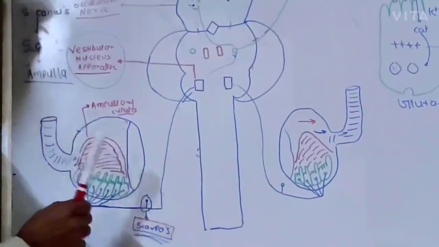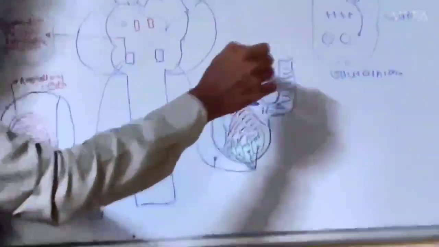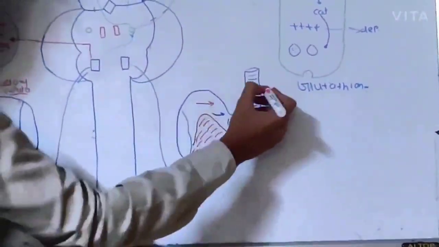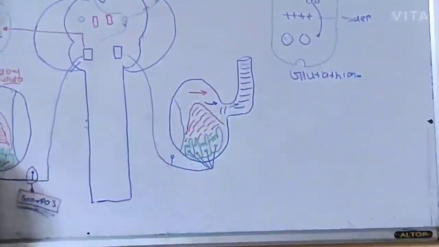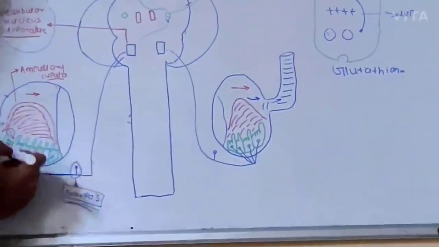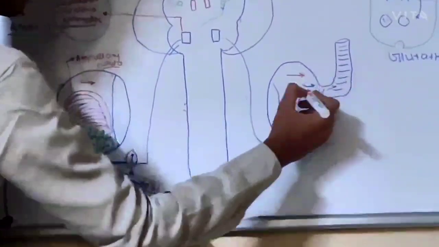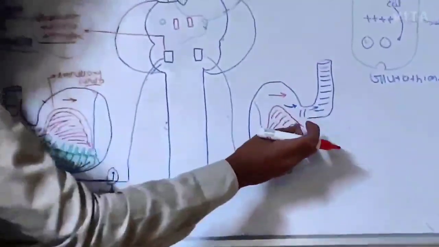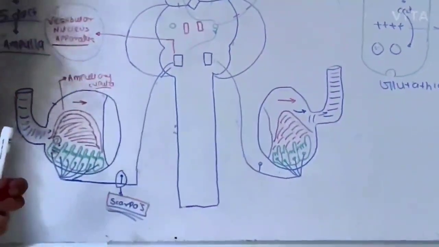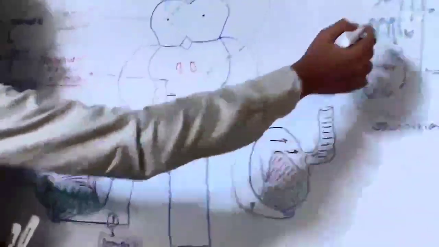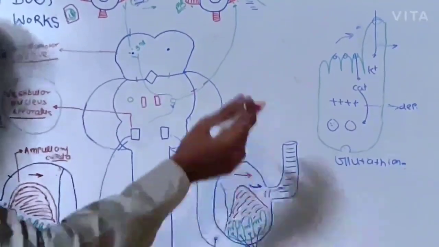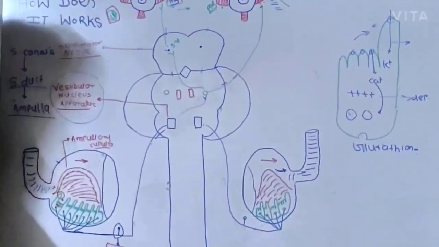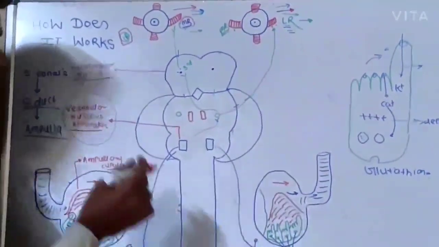Now let's know about the movement of the endolymph in the left ear. Again, the endolymph is going to move towards the left side, the same as before. But what will happen? As the endolymph moves here, the hair cells, that is the kinocilium and stereocilia, will move away from each other. So these channels are not going to open, and there will be a definite hyperpolarization.